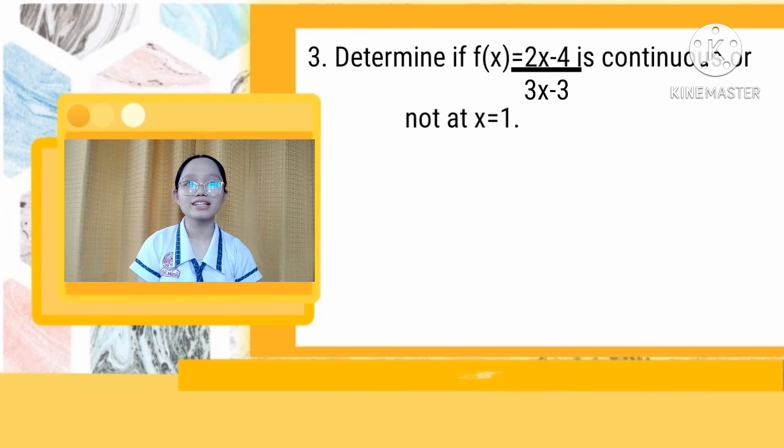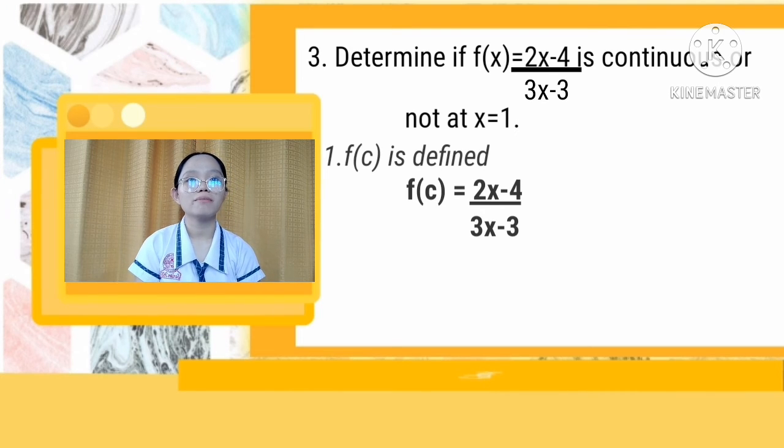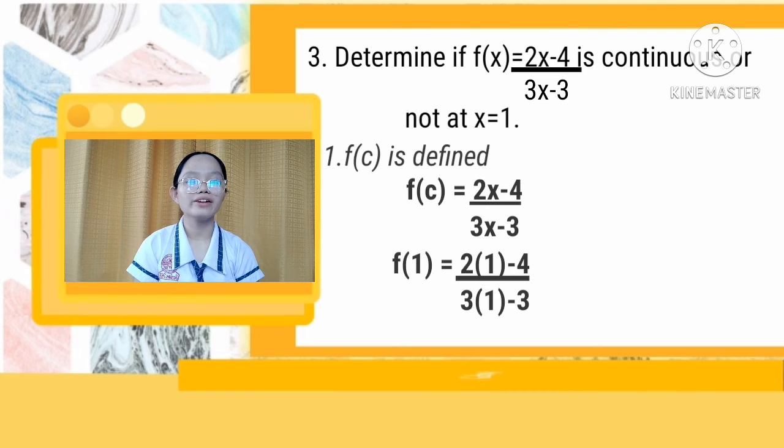Number 3. Determine if f of x equal to 2x minus 4 over 3x minus 3 is continuous or not at x equal to 1. First condition, f of c is defined. F of c equal to 2x minus 4 over 3x minus 3. Substitute 1 for c. F of 1 is equal to 2 times 1 minus 4 over 3 times 1 minus 3.